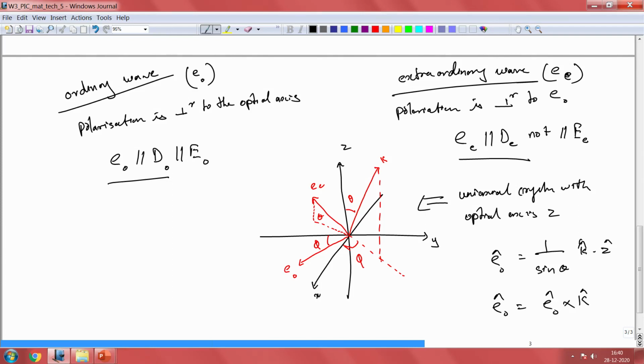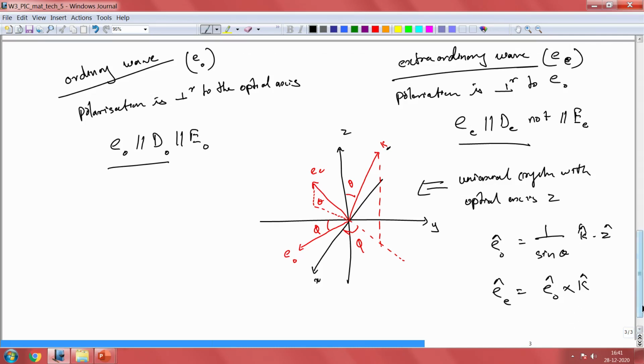So, both the ordinary and extraordinary wave can be found if both k and the optical axis are known, right. So, if you know k and the direction of the optical axis, then we should be able to find E and E naught. So, that is rather straightforward.